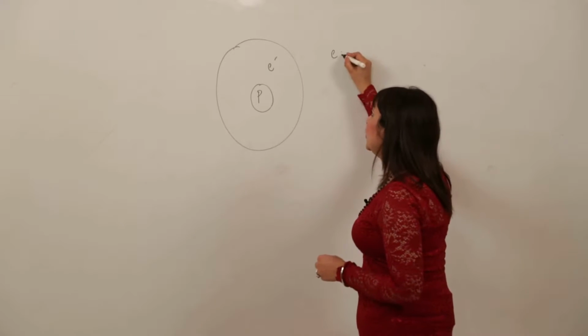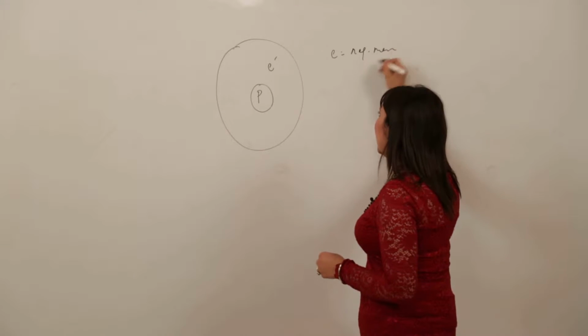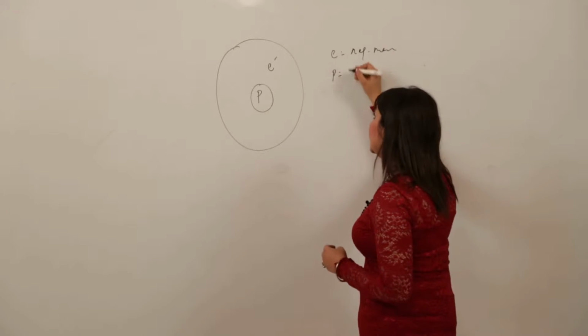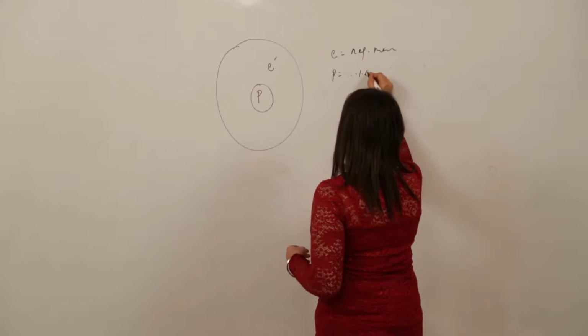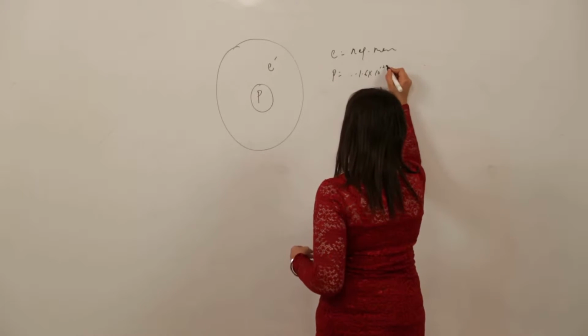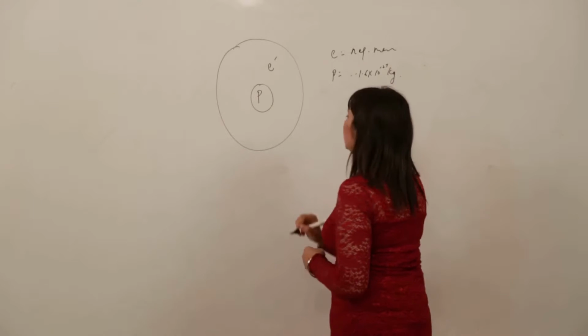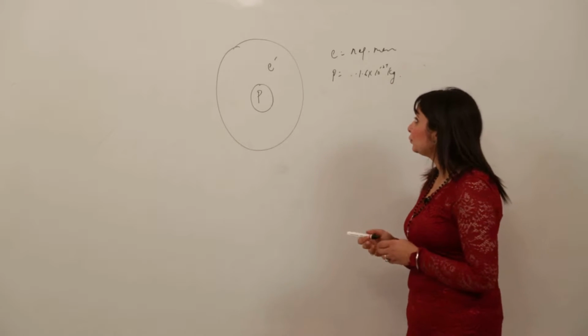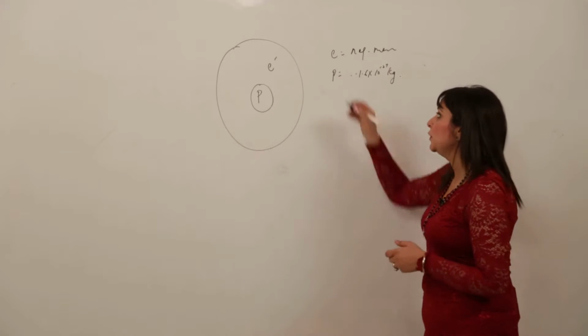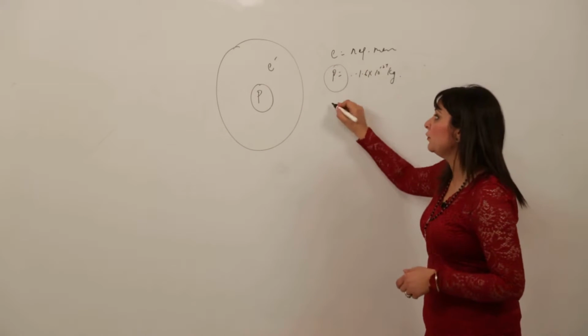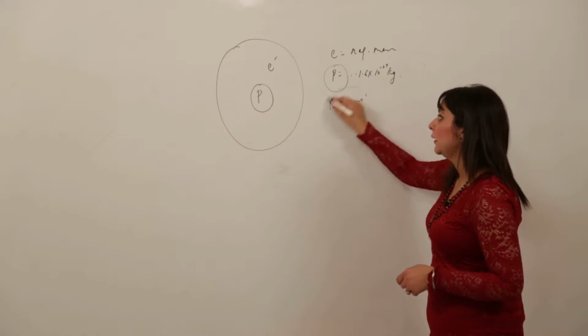We know the electron has almost negligible mass and the proton has a huge mass as compared to the electron, that is 1.6 into 10 raised to power minus 27 kg, right. So the whole mass of the atom must be due to the proton only, the nucleus only, right.